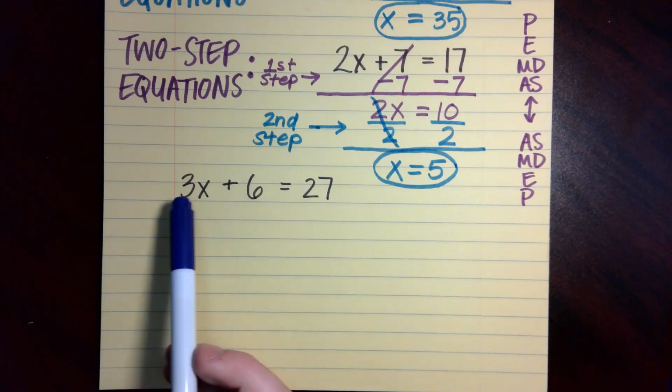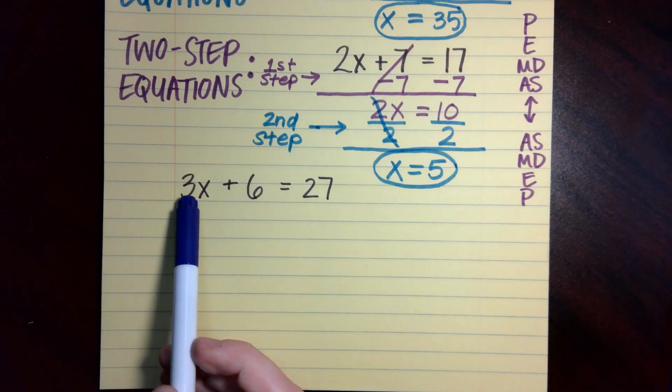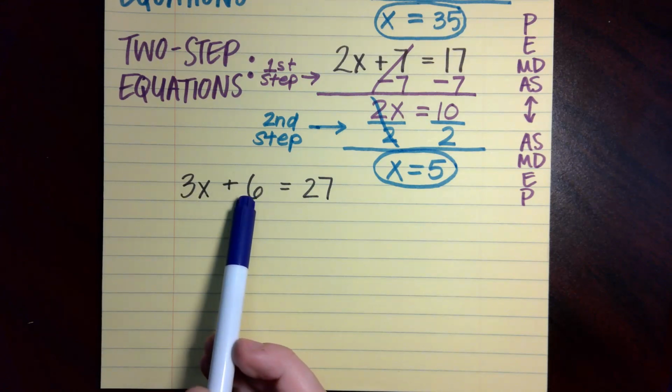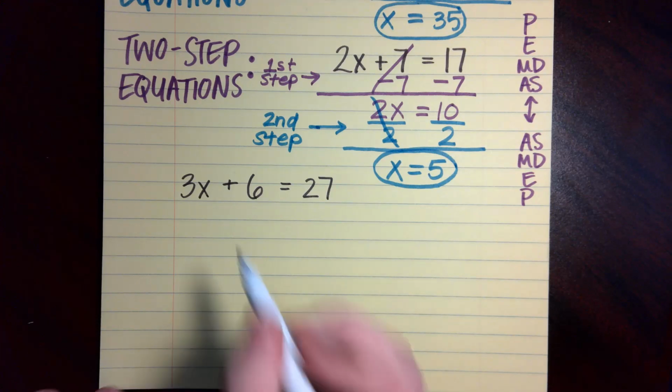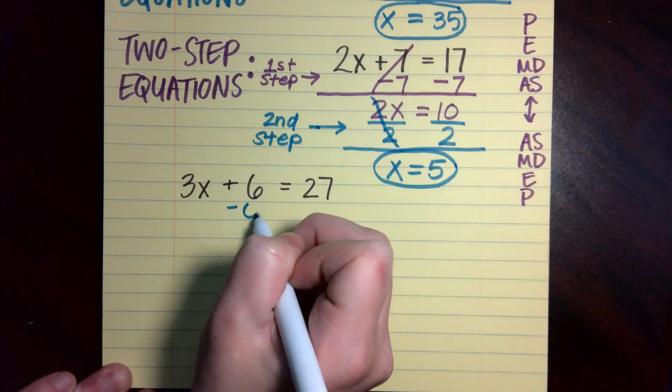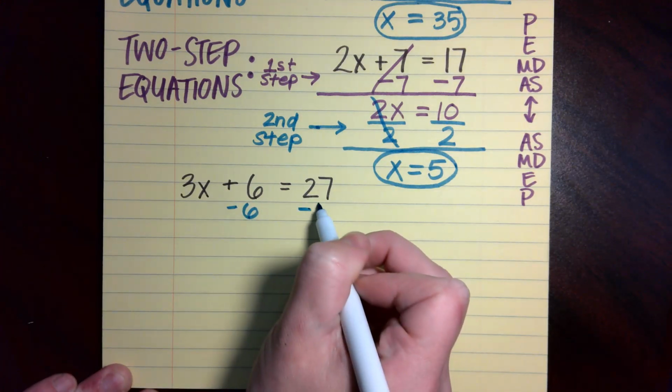So we have multiplication, 3 times x, and we have addition, plus 6. What is the first thing we need to do according to our inverse order of operations? Yes, we need to get rid of that plus 6. So in order to do that, we're going to do minus 6. We're going to subtract. Got to do it to both sides.